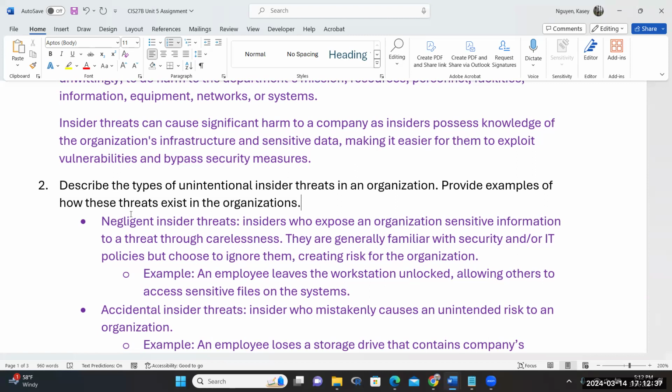And in some cases, we need to retrain them and make sure that they sign an agreement that they will not do that again. So verbal warning or written warning, etc. So simple things like an employee leaves a workstation unlocked, allowing others to access sensitive files and systems. And some of it is on purpose. A lot of the time it is on purpose, right?